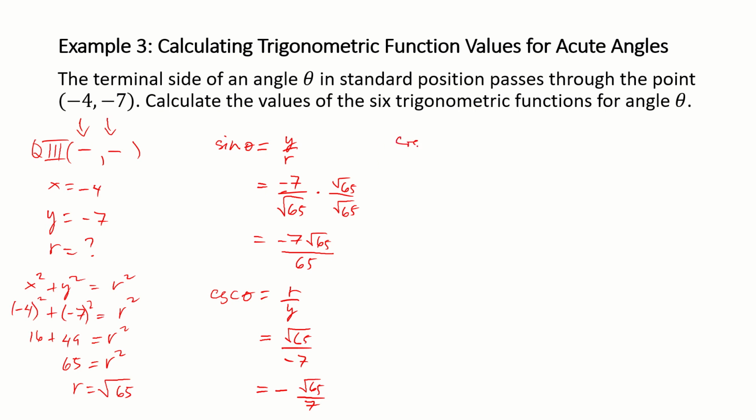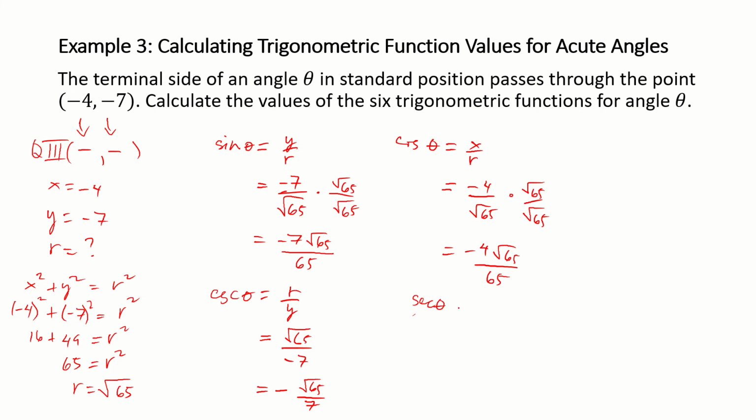And then for cosine, it's x over r. So we have -4 over square root of 65. So we still have to multiply by square root of 65 over square root of 65. So this will give us negative 4 square root of 65 over 65.